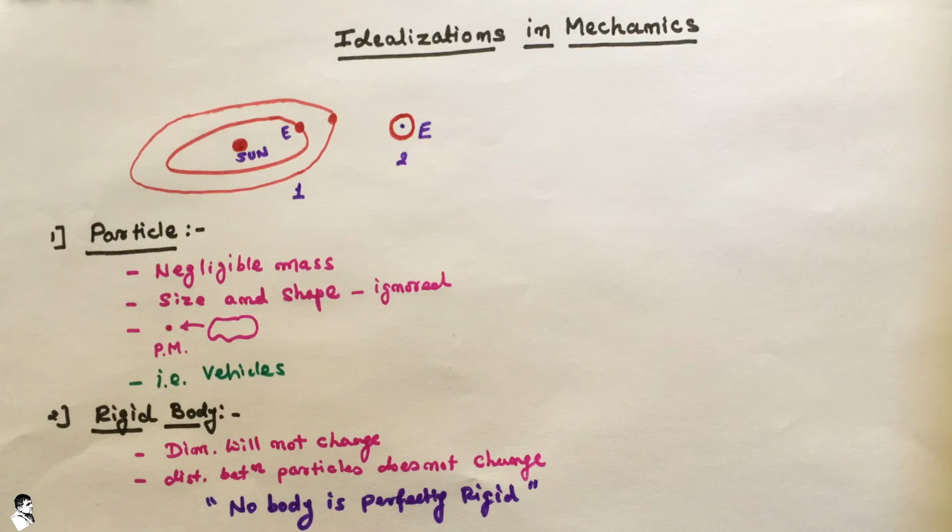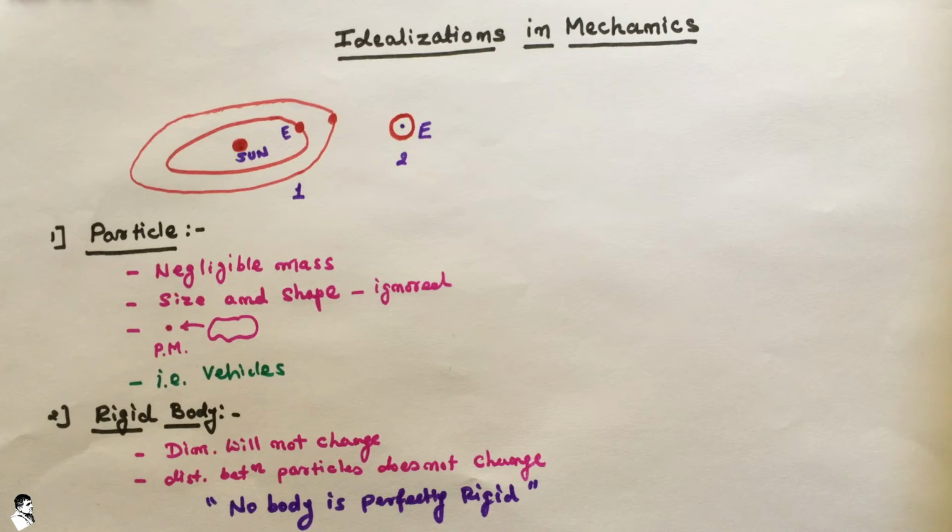It is definitely a body that can be destroyed by the application of a force, but it can be considered as a rigid body if the interest is to know the angular velocity of the vehicle. With respect to this type of interest, there will be no difference if we consider it as a rigid body. So this is another important idealization for the study of mechanics.